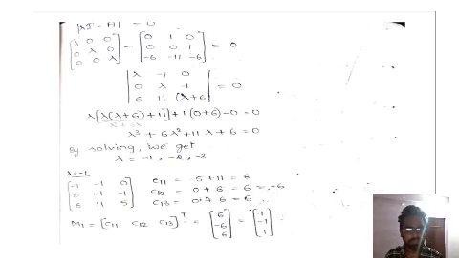Here we substitute these one by one. Lambda equal to minus 1, let us assume the matrix minus 1 minus 1 0, 0 minus 1 minus 1, 6 11 5. Here we take minus 1 for lambda, and next C11 equal to minus 5 plus 11 equal to 6.